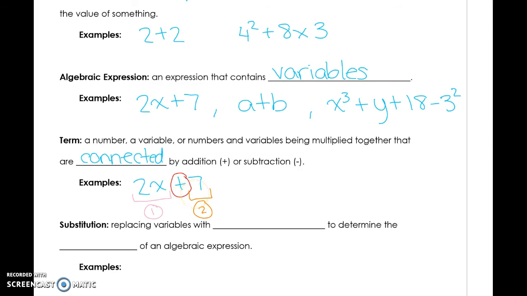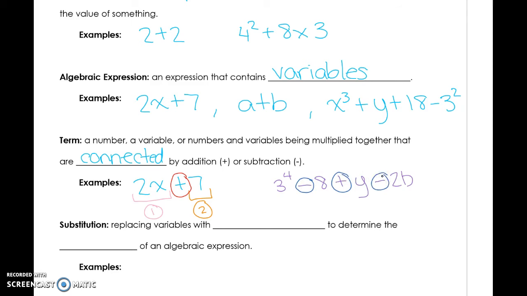Okay, if I give another example, like 3 to the 4th power minus 8 plus y minus 2b. Okay, so we're going to see how many terms are in this expression. So I have a subtraction sign, an addition sign, and another subtraction sign.